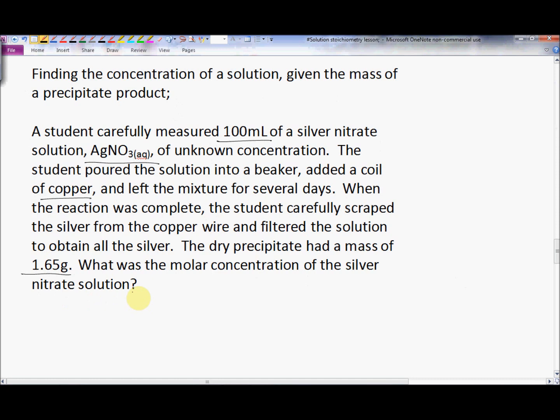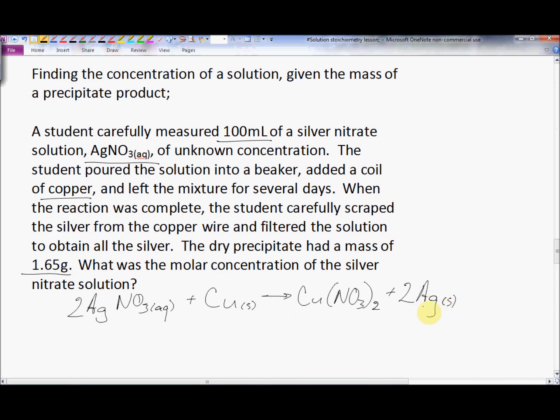So let's go through our three-step process to solve this one. Actually, before we do that, I guess we better write out our chemical equation. So we're going to have silver nitrate added to solid copper, and it will produce copper(II) nitrate, plus solid silver.